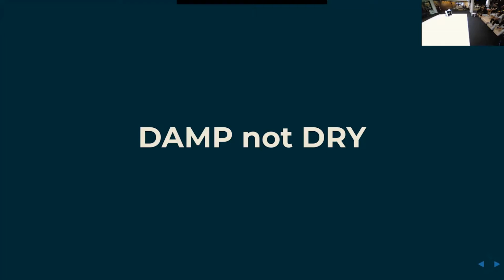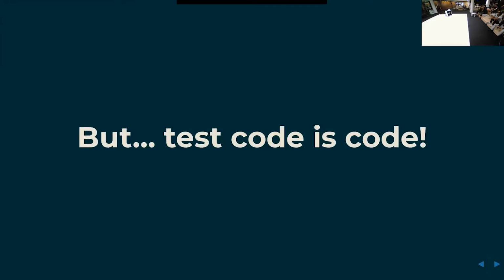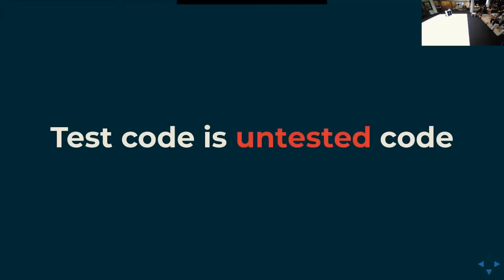So one argument that comes up regularly when discussing this is that test code is still code, meaning that you have to take the same care and apply the same principles to it. But actually what I like to think is that test code is untested code.